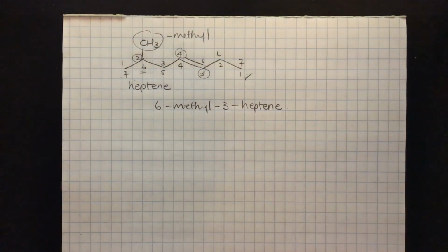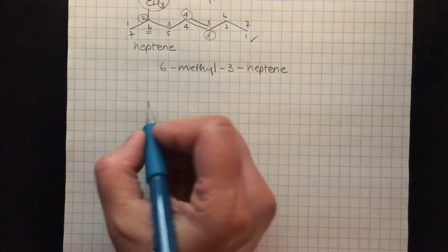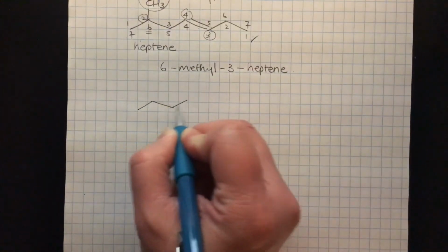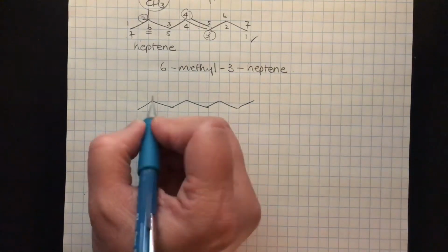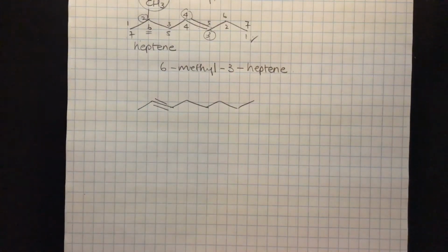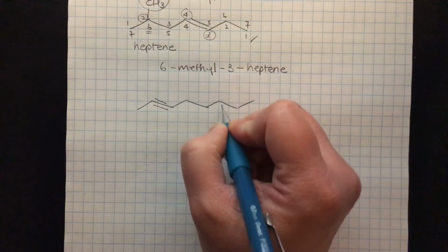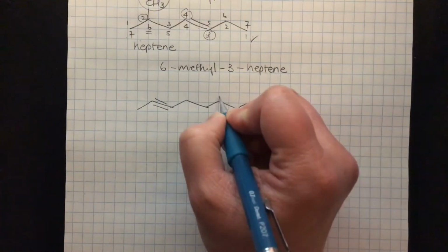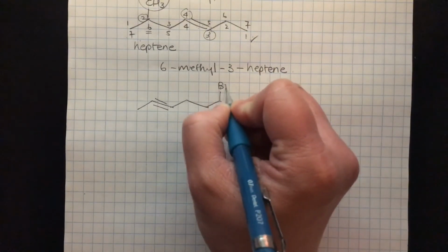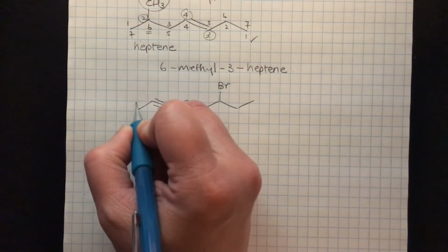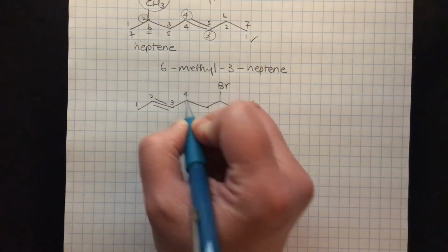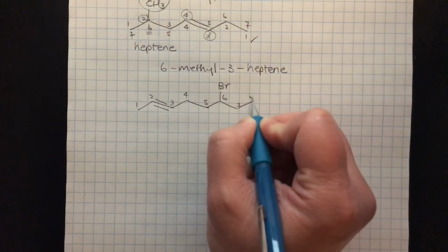So if I were to do one more example, I'm going to draw this one. I am going to put, let's say, a triple bond right over here. And let's say I'm going to put in, on this end right here, a Br. If I was to number this main chain, this would be 1, 2, 3, 4, 5, 6, 7, 8.